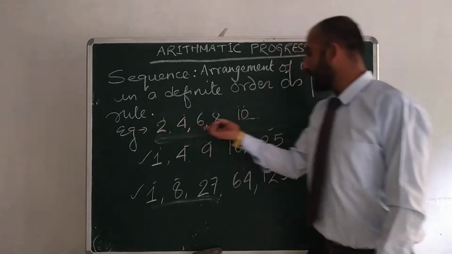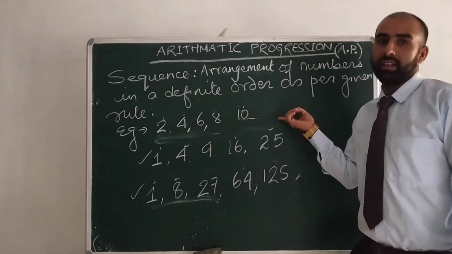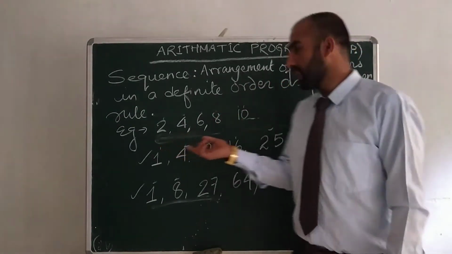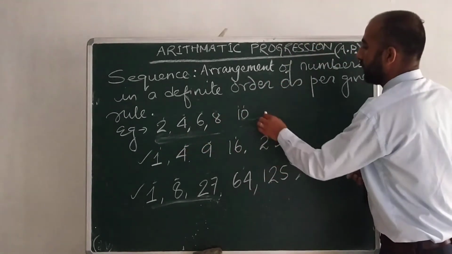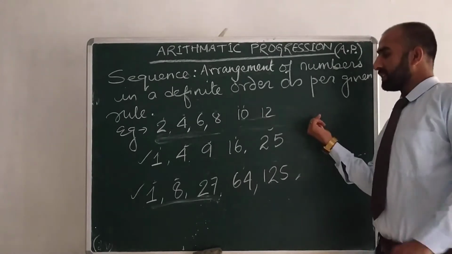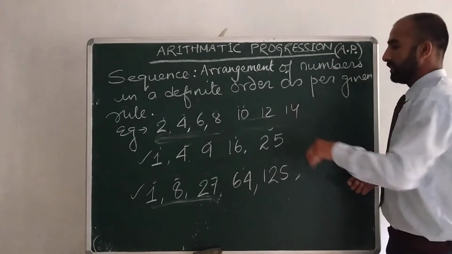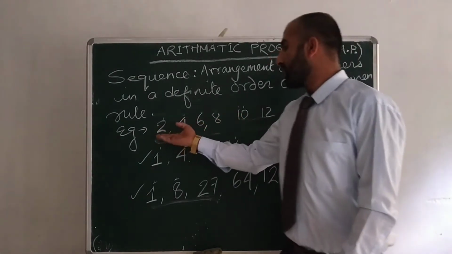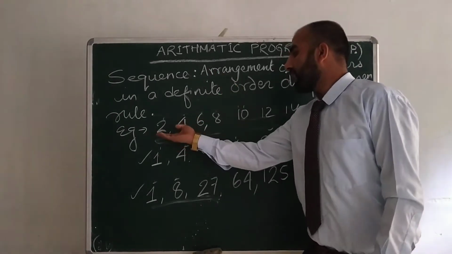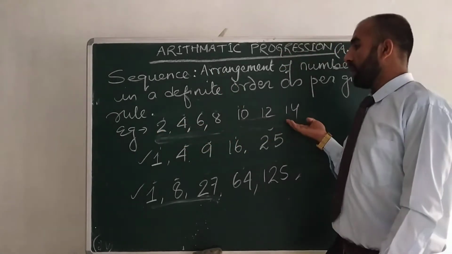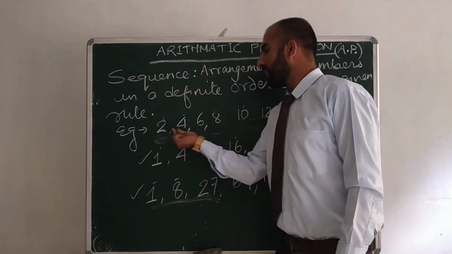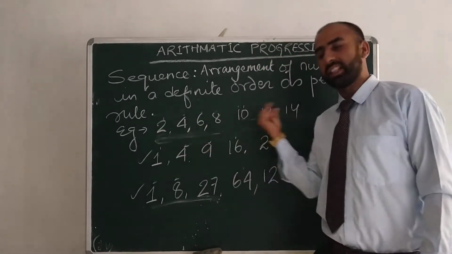Can you guess what will be the next number? Yes, you can easily guess, isn't it? The next number will be 12. And what will be the next? The next number will be 14. So we can simply make out, why is it? Because it follows a certain rule. When you add 2 to each number, you get the next one.